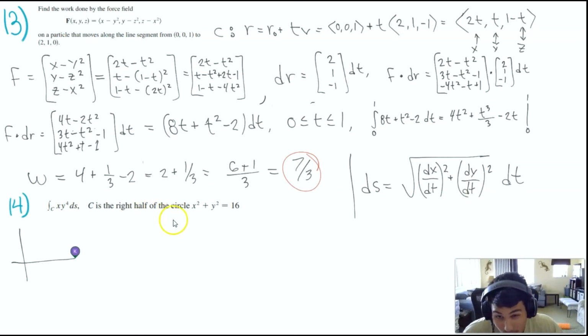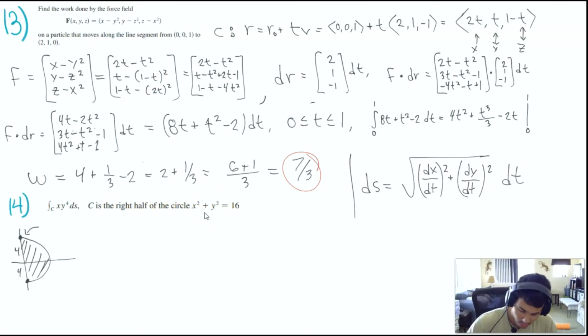The right half only, okay? This is a circle with radius 4. And we're only doing the right half. So we ask this question, what is this point? And by the way, I know that it's centered at 0 because it's not shifted. You can see it's not shifted. The equation does not show it's shifted.